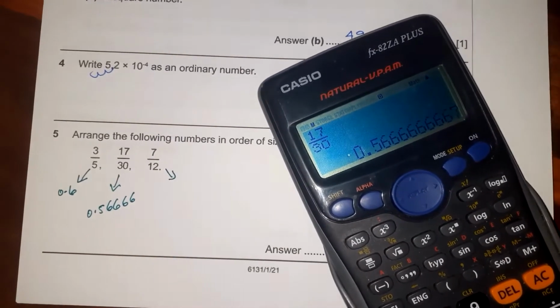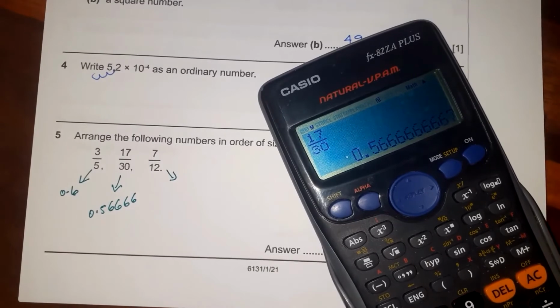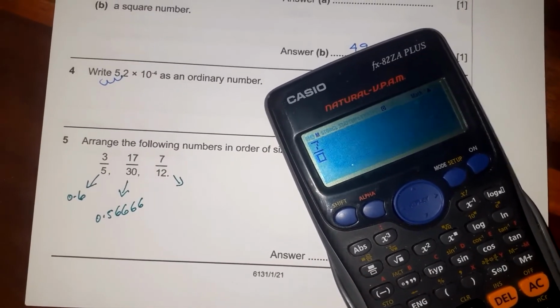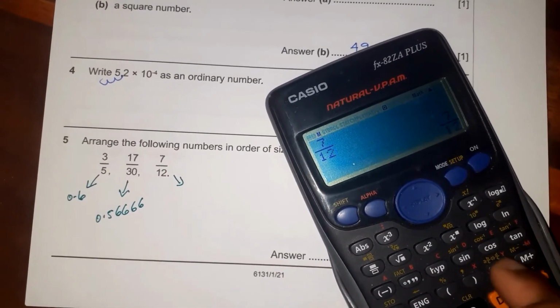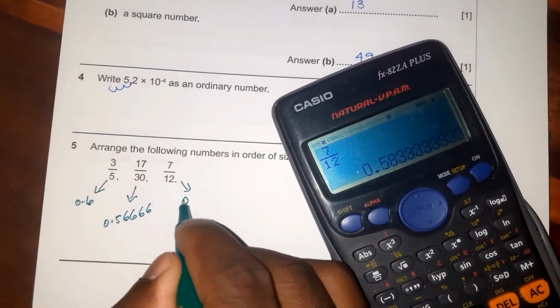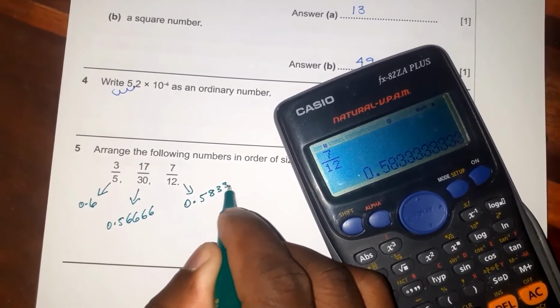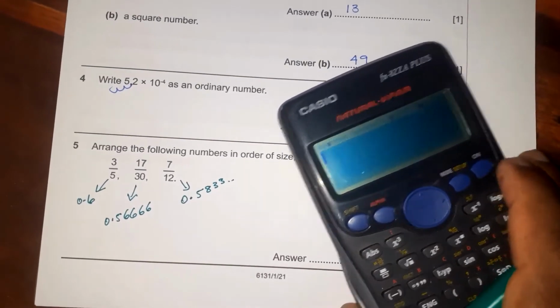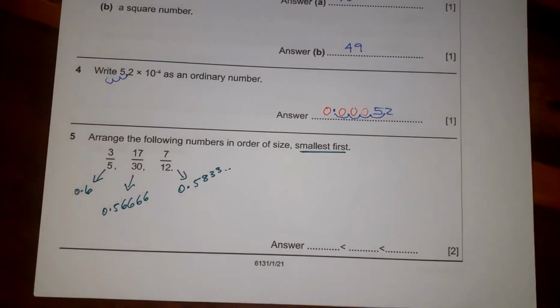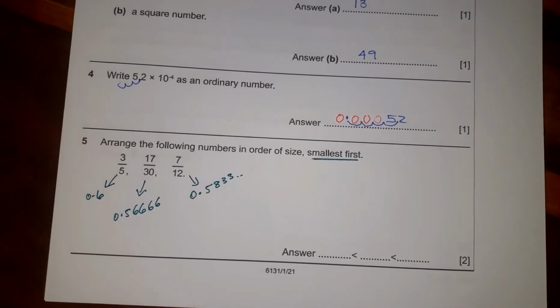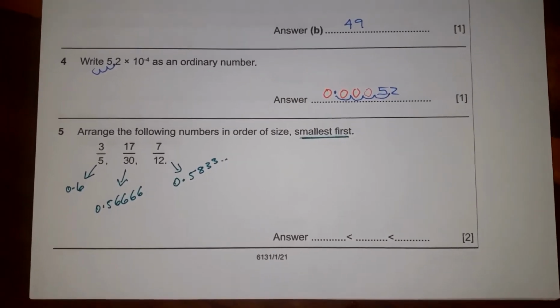While the last one, that is 7 over 12, which is 0.5833, and so on.